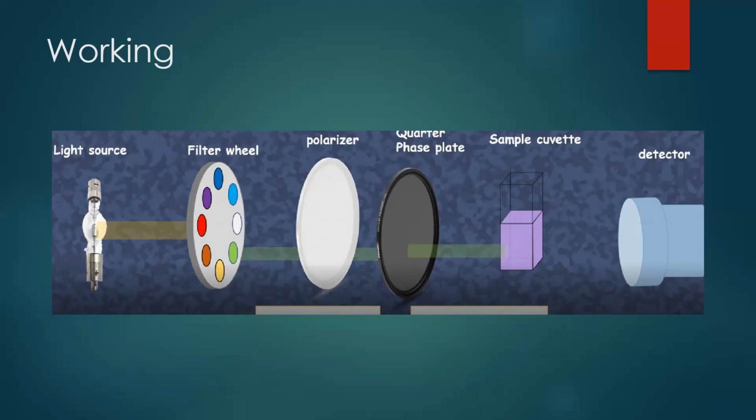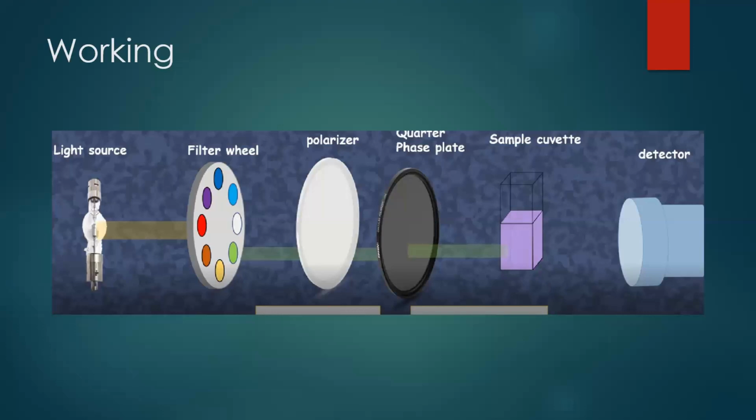The next part is a polarizer, a very important part, which helps in converting linear light into polarized light. After this, the polarized light passes through a quarter phase plate to produce two different types of circular polarized light: left-hand circular polarized light and right-hand circular polarized light.